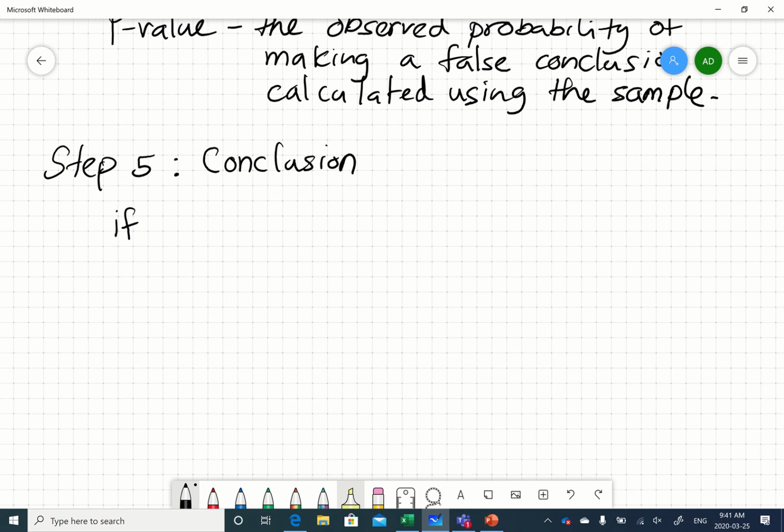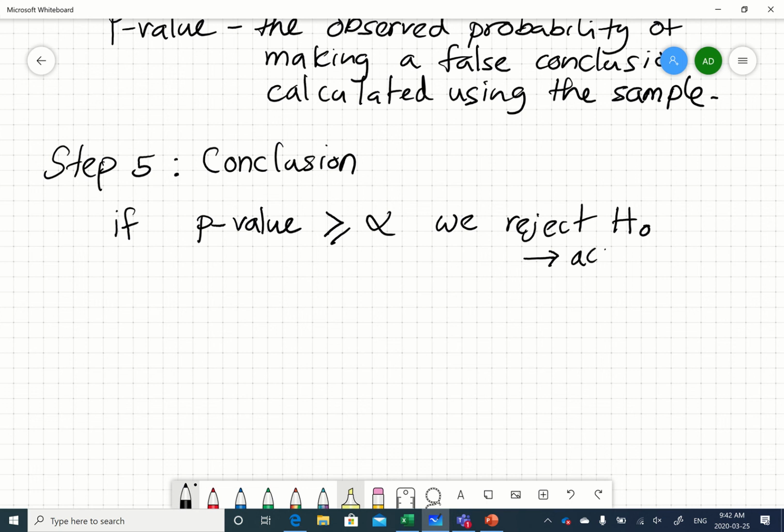So if the p-value, your observed error based on your sample, is higher than alpha, your bar, your set limit, we reject H naught. Whatever is stated in H naught, we are going to reject it, which implies, since we are testing H naught versus H1, go ahead and accept H1.